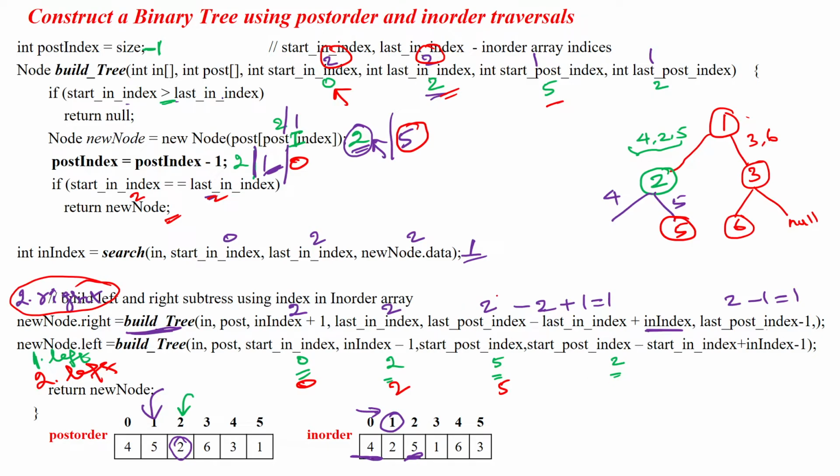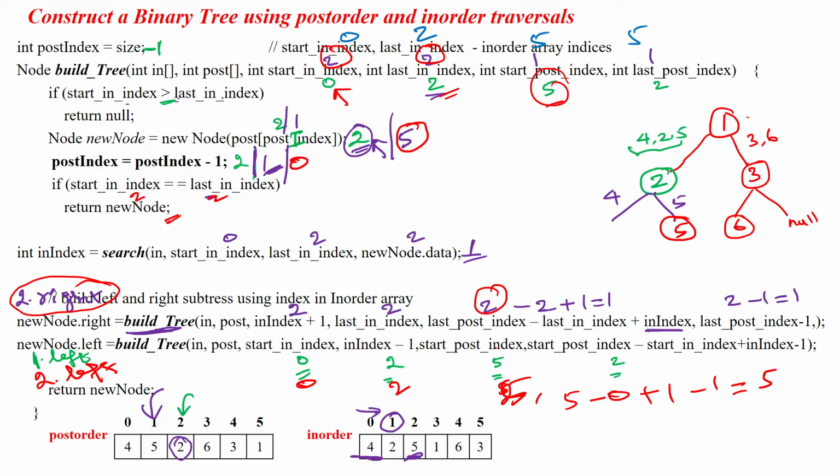Sorry, here we are having the 2, right? So starting post order index is 5, minus starting inorder index 0, plus inorder index 1, minus 1. So now we are getting the value 5. So for 2 dot left we are passing these values: 0, 2, 5, then again 5.